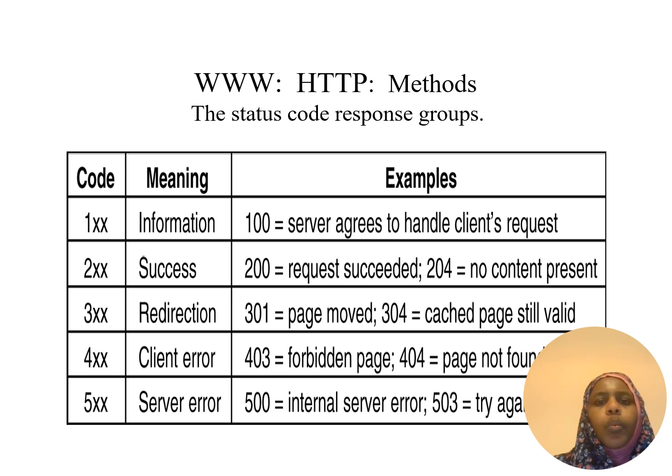For example, 100: server agrees to handle the client request. 2XX indicates success of the request. 200: request succeeded. 204: no content to present. 3XX is redirection. 301: page has moved. 304: cached pages are still valid. 4XX is for client errors. 403: forbidden page. 404: page not found. 5XX is server errors. 500: internal server error. 503: try again because the server is busy.